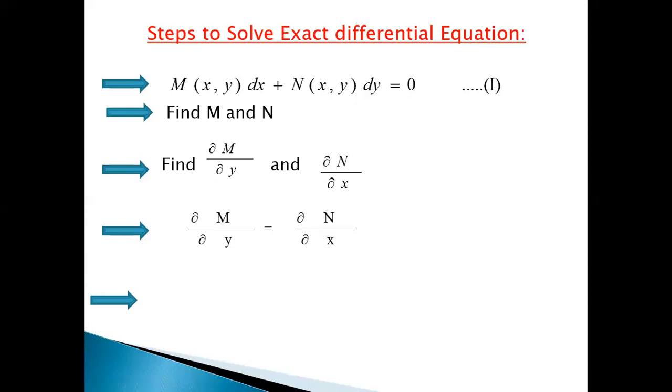If both derivatives are equal, then the given differential equation is exact. So, first we have to check whether our given differential equation is exact or not.